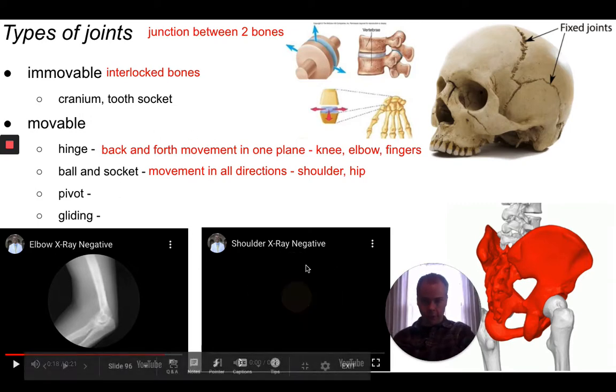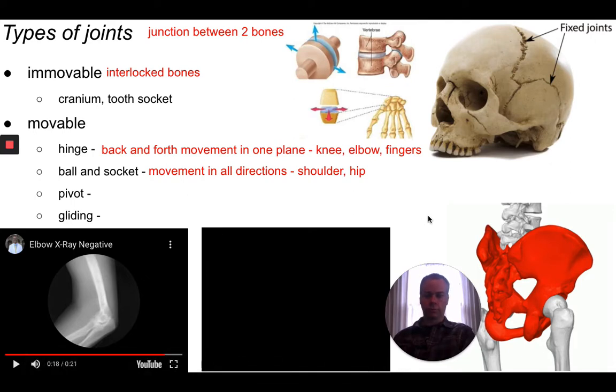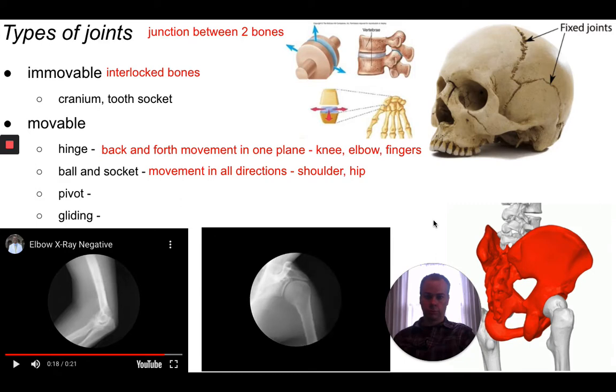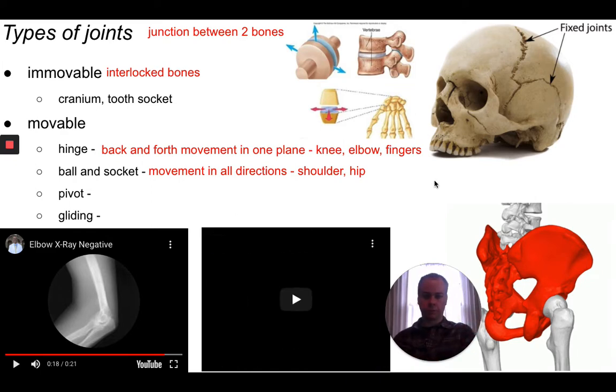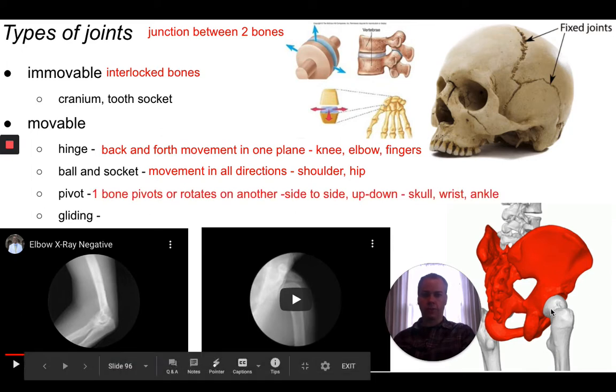Here's an x-ray showing movement in the shoulder joint. You can see the ball of the humerus fits into a cup shape in the scapula, which allows for that movement in a wider plane of motion. The hip is also a ball and socket joint.